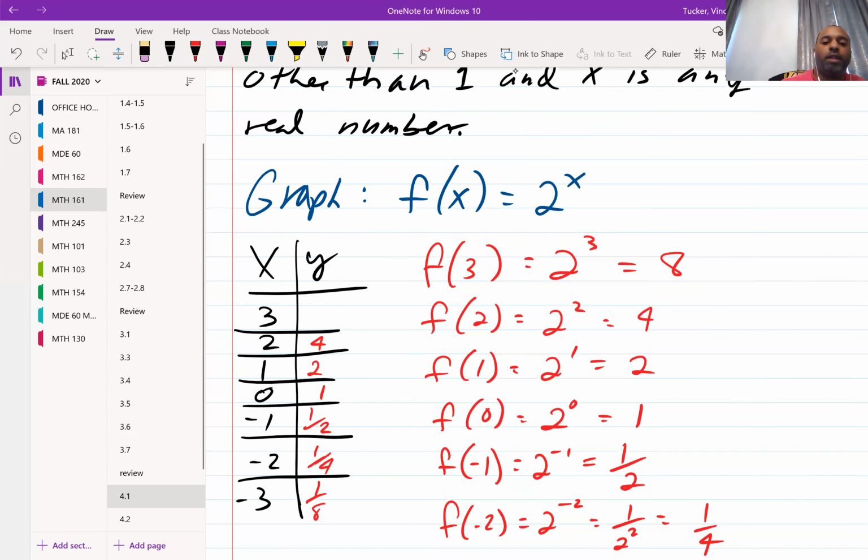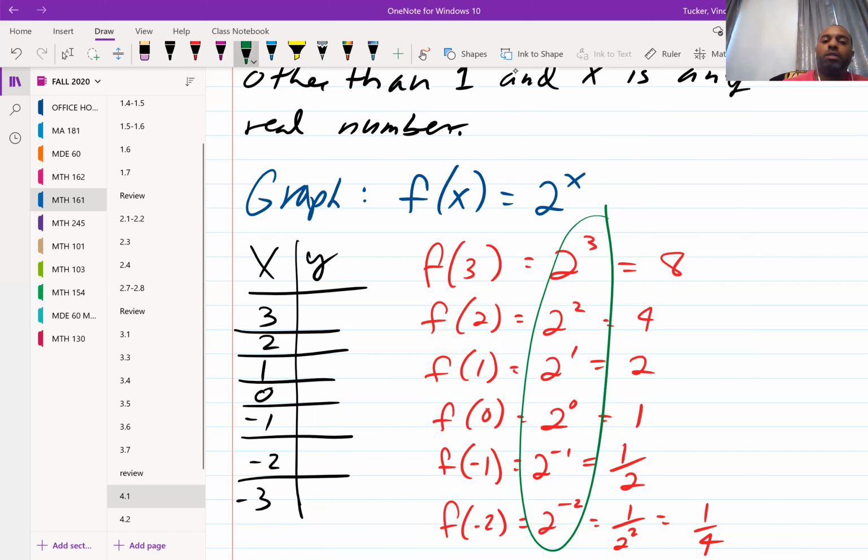If they gave us these numbers to plug in for our variable x, then we would do so in this fashion. Take each one of them: 2 to the third power will give you 8, 2 to the second power is 4, 2 to the first power is 2. Anything to the 0 power is 1.